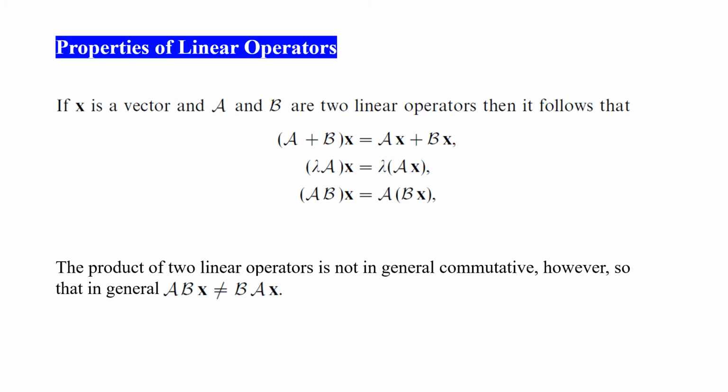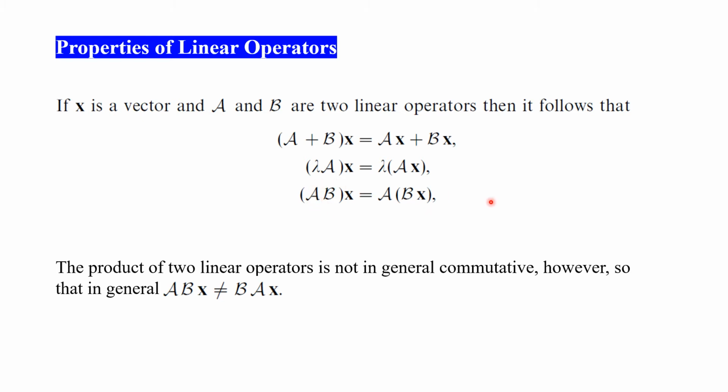Here are some properties of your linear operators. If x is a vector and A and B are two linear operators, then it follows that (A + B)x is equal to Ax + Bx. Your (λA)x is equal to λ(Ax), and your (AB)x is equal to A(Bx).